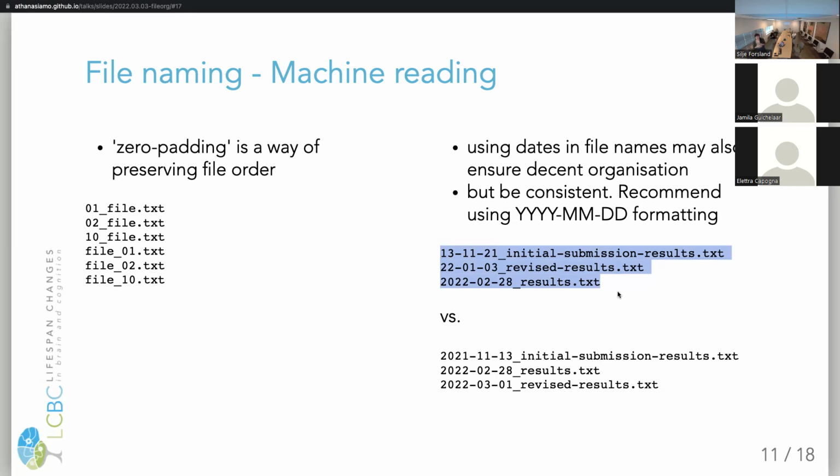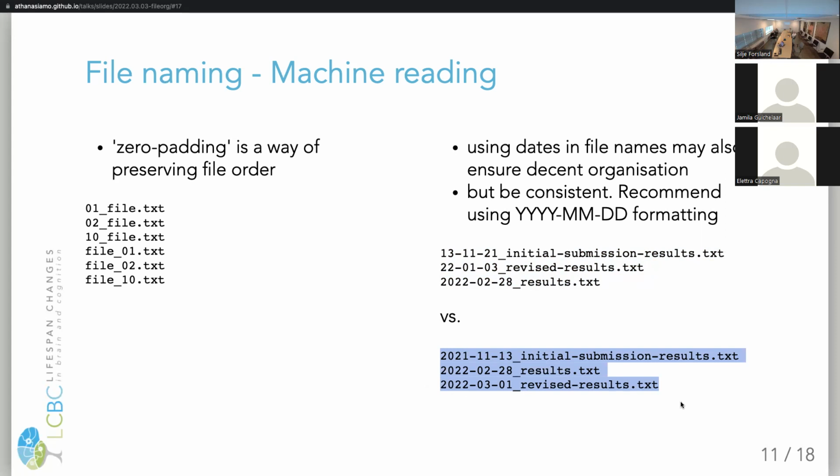Which is why we recommend using the ISO formatted date, which is year, year, year, year, month, month, day, day, which is what I've done below here. Now you know exactly what this date is.